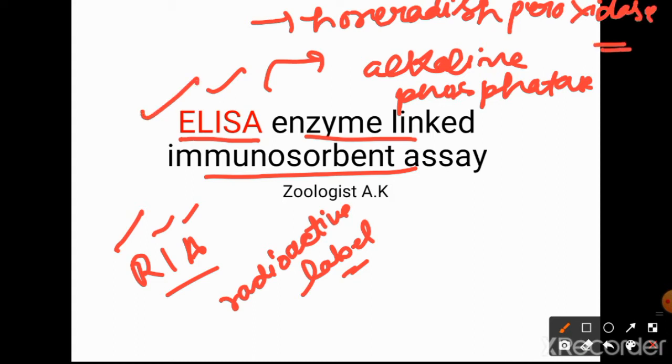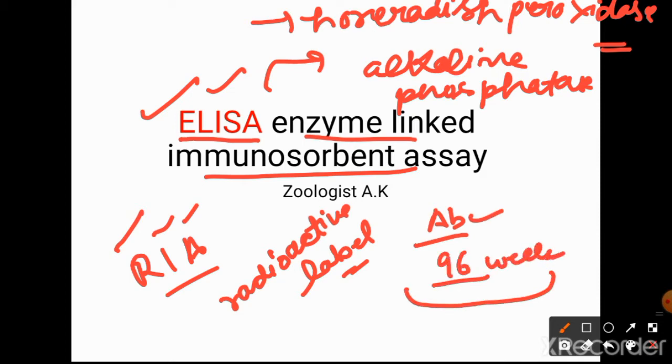So let's understand what this ELISA method is. The method involves the binding of an antibody molecule to the walls of a plastic tube, and this plastic plate consists of about 96 wells to which we bind this antibody molecule. Then the test and labeled antigens are added, which will compete for the available antibody for their binding.